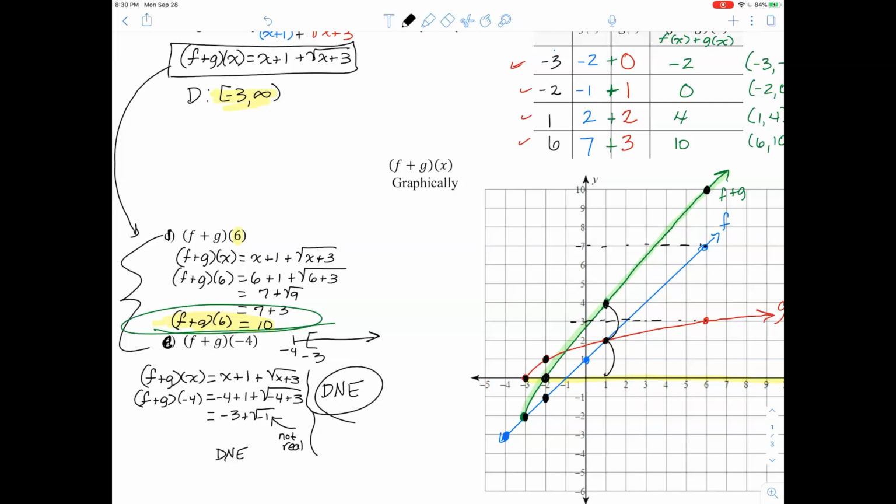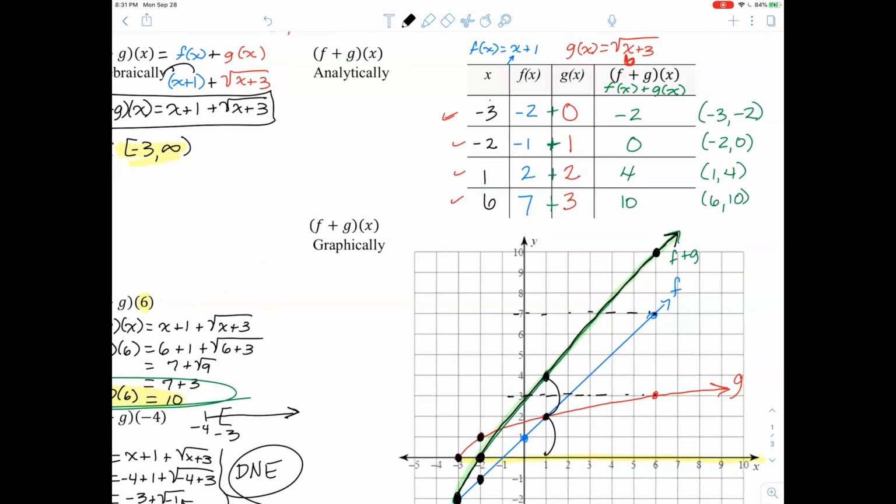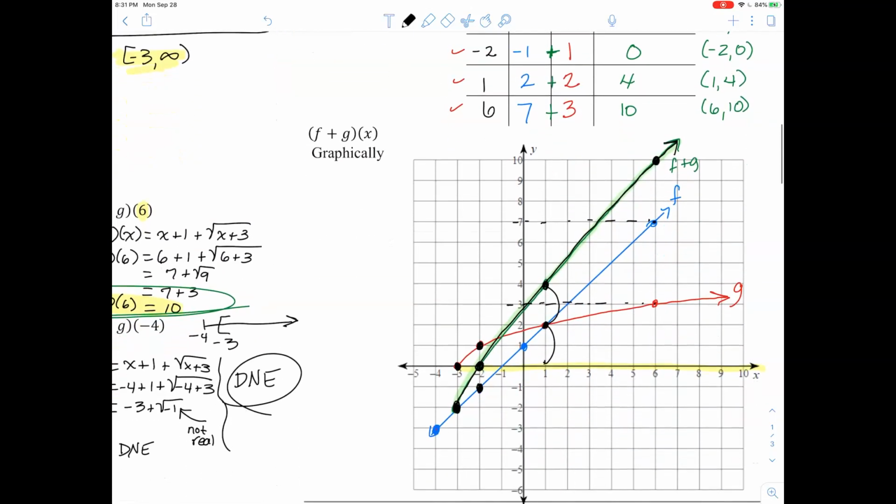And so that would be negative 2 plus 0, which is negative 2. And there you have it. So you could actually just add their function values on the actual graph. So that's taking it beyond the algebra, looking at it analytically, and then looking at it graphically.